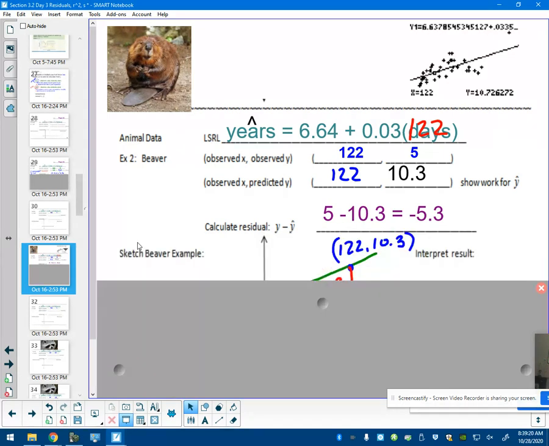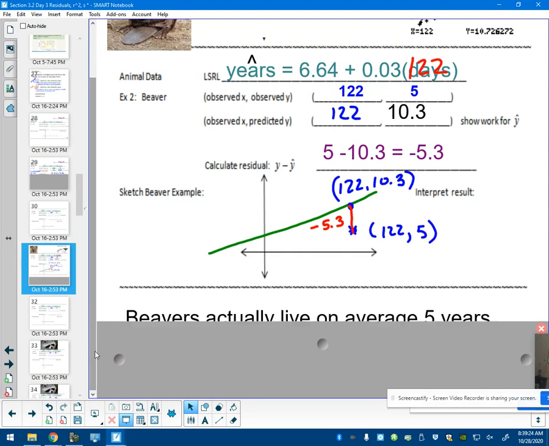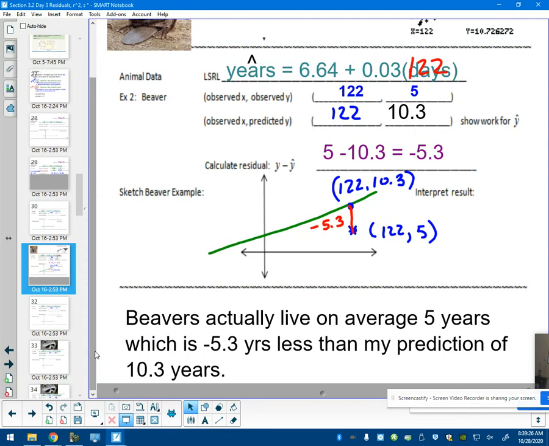All right, I'm going to reveal the rest of my beaver. So we had an over prediction here. Maybe it's because trees fall on the poor beavers.